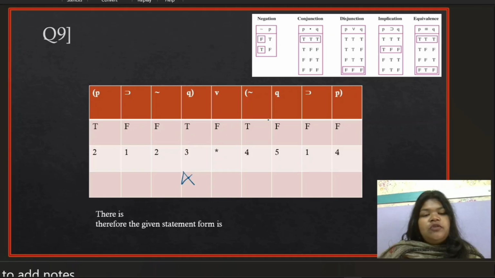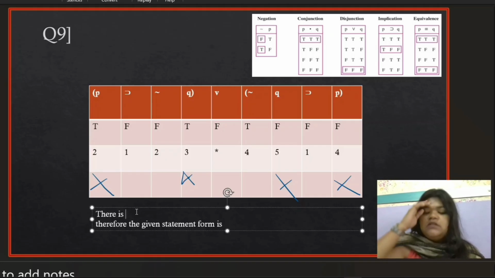Your Q is T or your Q is false. So here you find an inconsistency. Again for P, here you have true and here you have false. So this is also wrong. You have an inconsistency over here. I told if P and Q, both P's values should be the same. अभी इधर नहीं है. So there is an inconsistency.